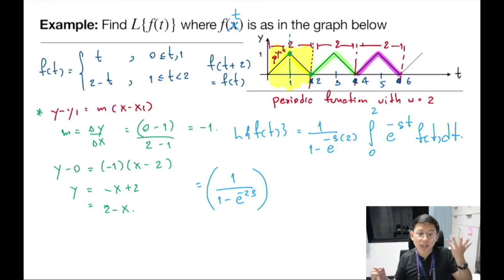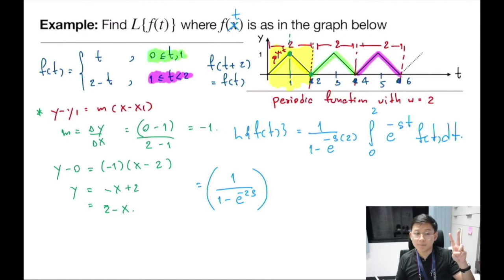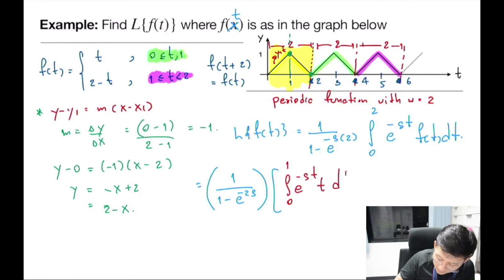Again, this f(t) is defined differently on two intervals, so it's going to be the integral from 0 to 1 of t e to the minus st dt, plus the integral from 1 to 2 of 2 minus t.